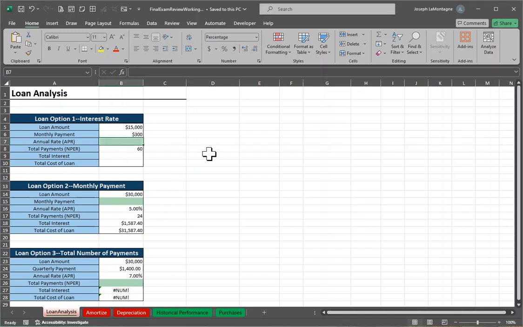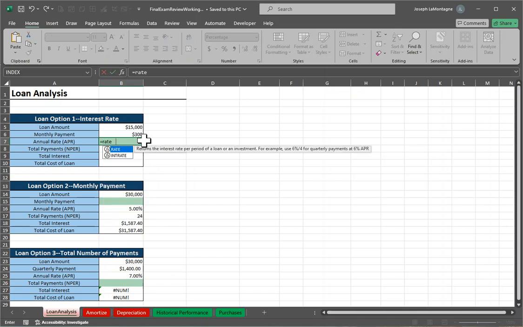The first one here is we want to find out what the annual interest rate of this particular loan is. We have a $15,000 loan, monthly payments of $300, and total payments of 60. So we'll click here and type in equals RATE. The first thing we need is the number of payments, which will be B8.